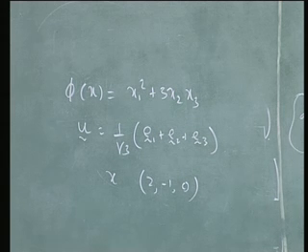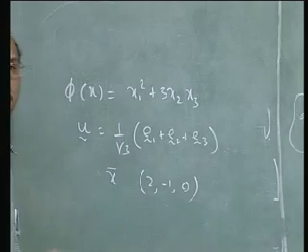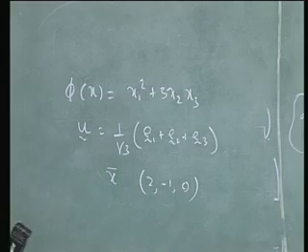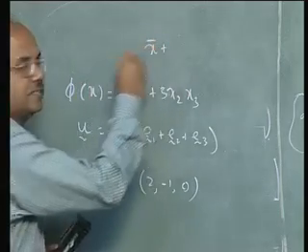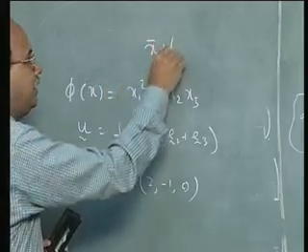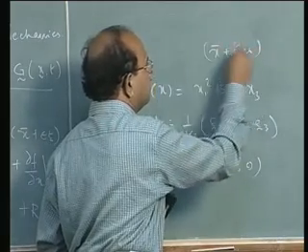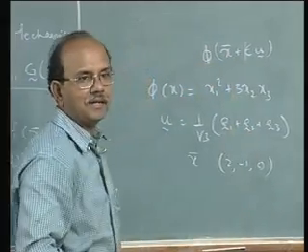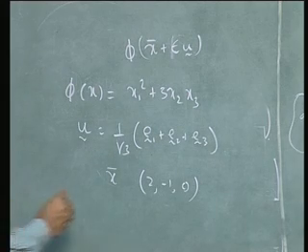So the first, is that clear? At the point x, this is what we call x bar. When I say at the point x, that's what we mean by x bar. Now the first step is for me to calculate x bar plus, say, epsilon into u, and calculate phi along that line. So what is this x bar plus epsilon u in this case?